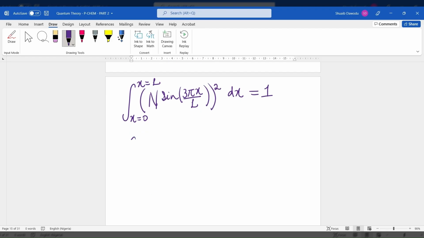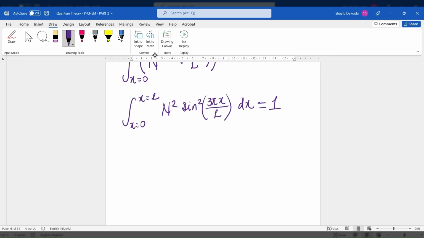Anyways, you have the integration symbol, x equals 0, x equals L. So n sine 3 pi x divided by L, all squared, will just be n squared sine squared 3 pi x over L, okay? dx is equal to 1.